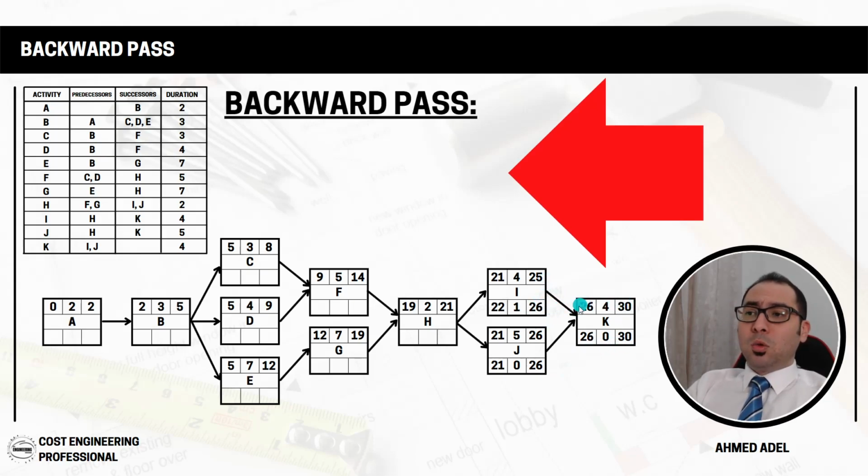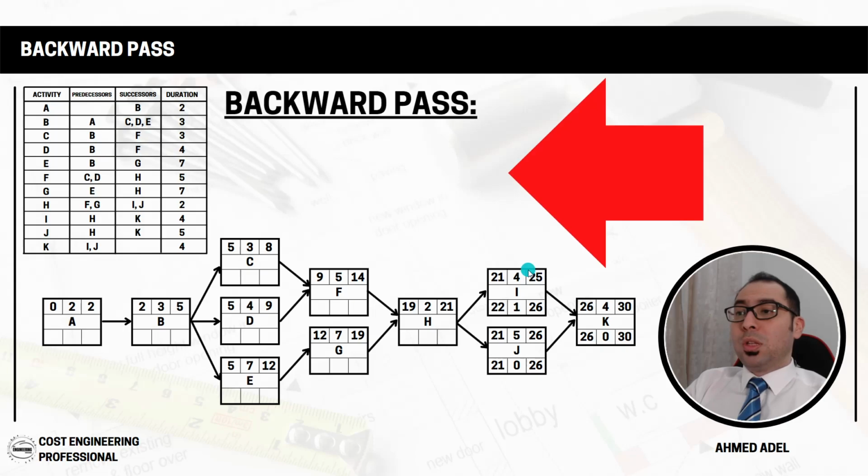So I need to start here at 26 anyway. So this activity I, the early finish here is 25, but it doesn't matter if it got delayed by 1 day and finished on 26, because in that case both of them will be completed by 26, so K can start without any delay. So nothing will happen if this activity I is delayed by 1 day.